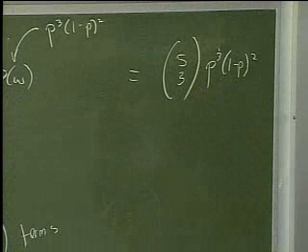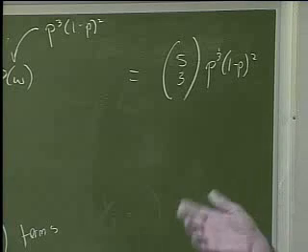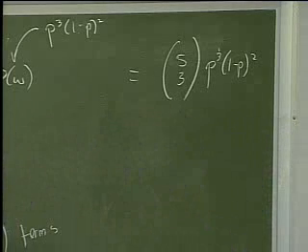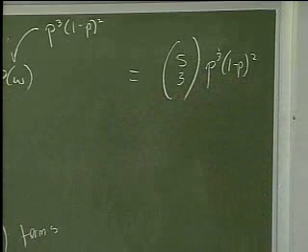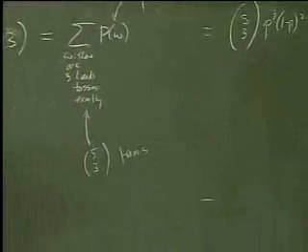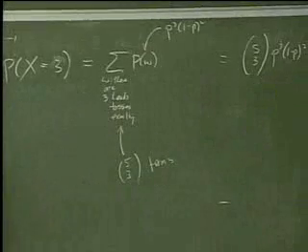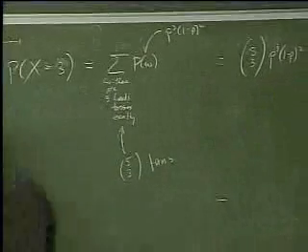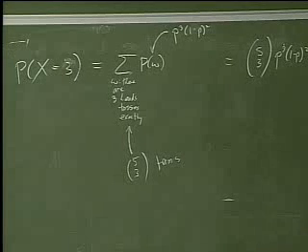What's the probability that when you toss a coin n times, with probability P of being heads, that k of the times it comes up heads? The probability of any outcome that has k heads is going to be that, and there are n choose k outcomes that satisfy that property, that there are k heads. Okay?